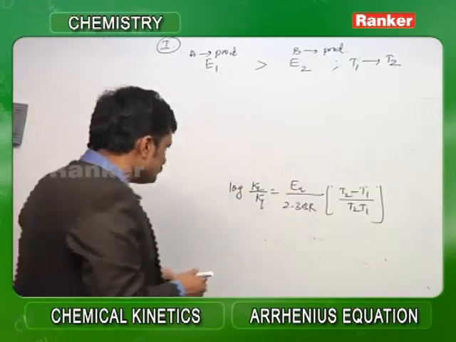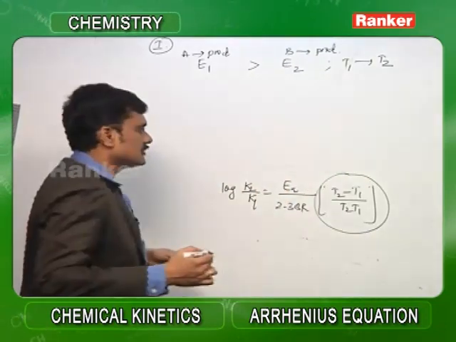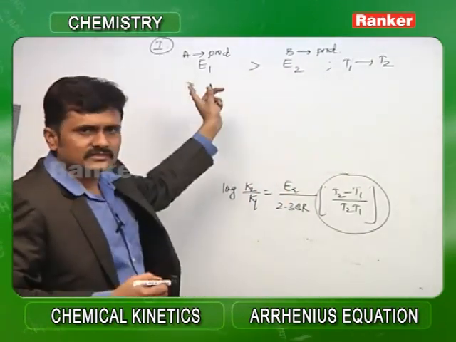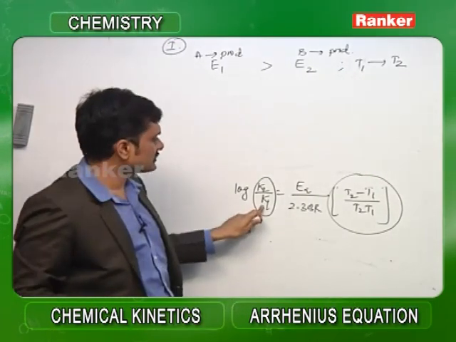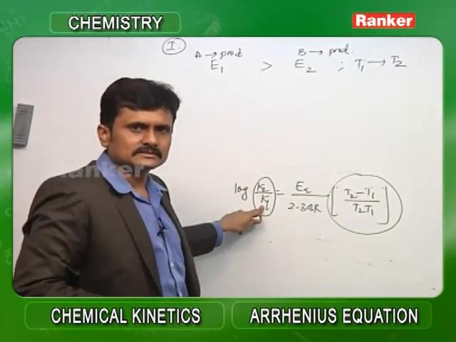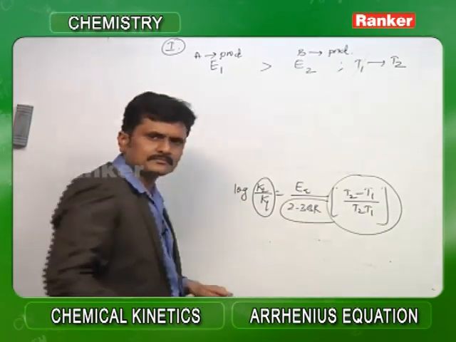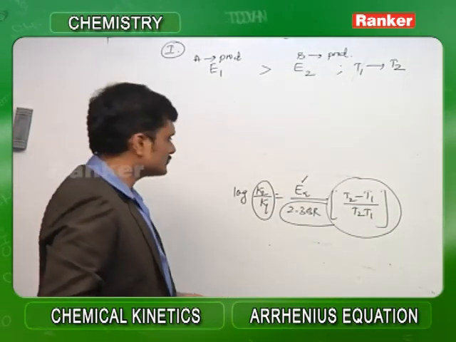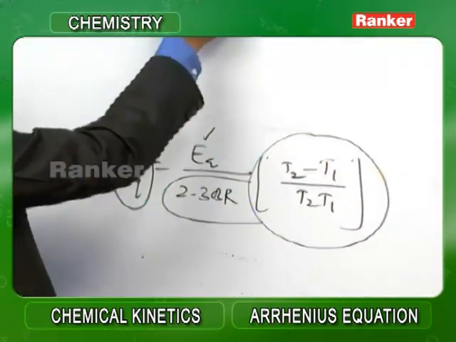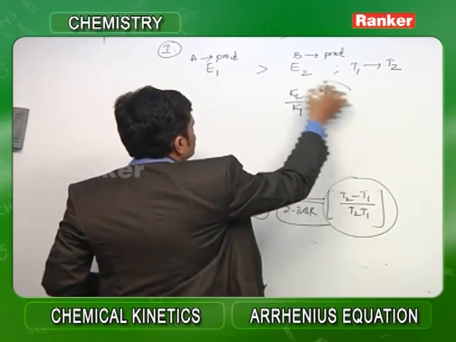Just see here, this term is constant for both the reactions, so your K2 by K1 shows the influence on the rates, solely dependent on, in fact this is also constant, what? The activation energy. We can say that K2 by K1 in this case is directly proportional to the activation energy.